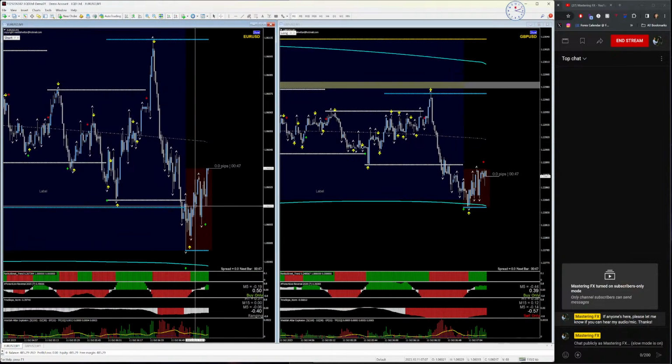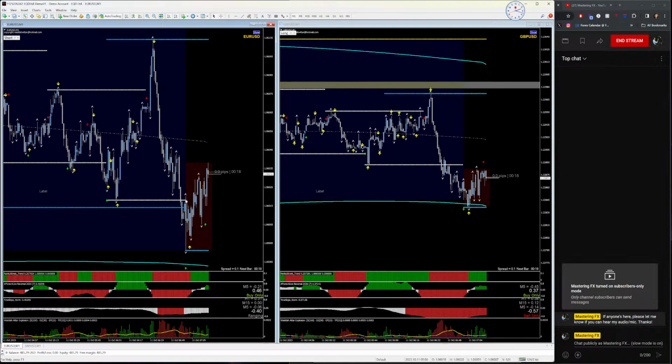No fair value gap. Here was a fair value gap, but I went past that. So that would have been a loss right there. I prefer to see a fair value gap right from the get-go on one of the first candles.